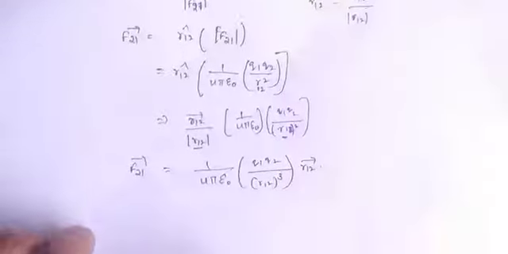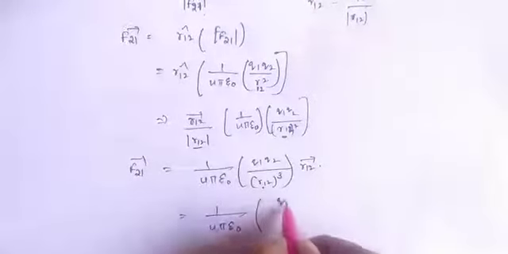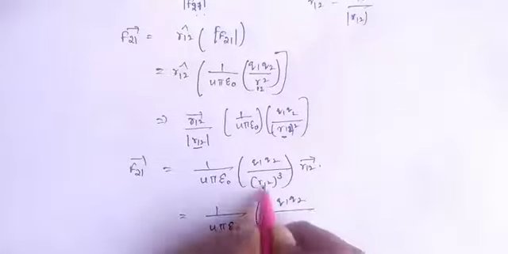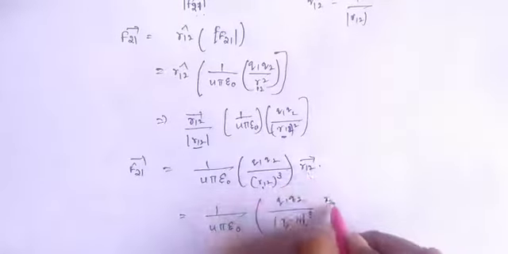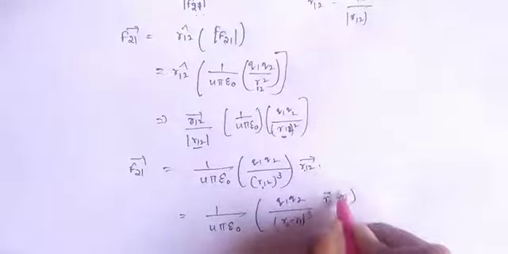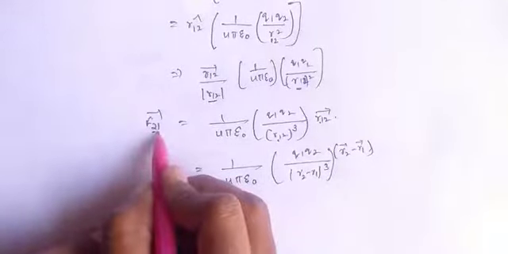Now here R12 we can write as 1 by 4 pi epsilon naught Q1 Q2 by, R12 means what? R2 minus R1 whole cube into R2 minus R1, that is vector R2 and vector R1. So here we are getting the force on the second charge due to the first charge.